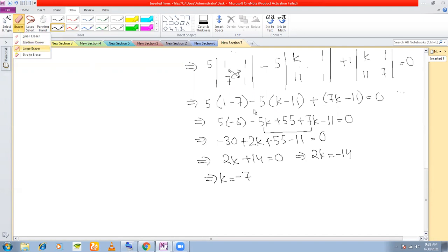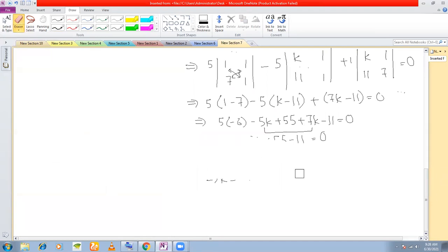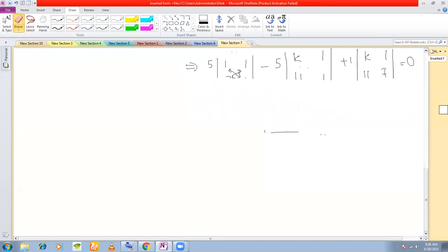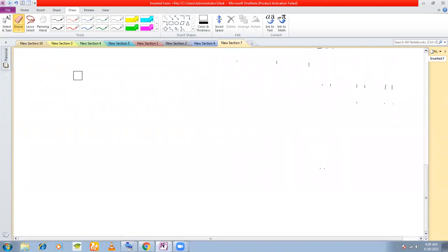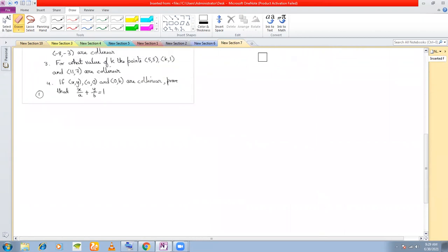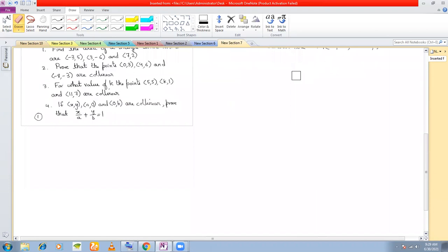And let us finish the last one also. Question here is, if the points, let us call them A (x, y), B (a, 0), and C (0, b), are collinear, you need to prove that x by a plus y by b is equal to 1.